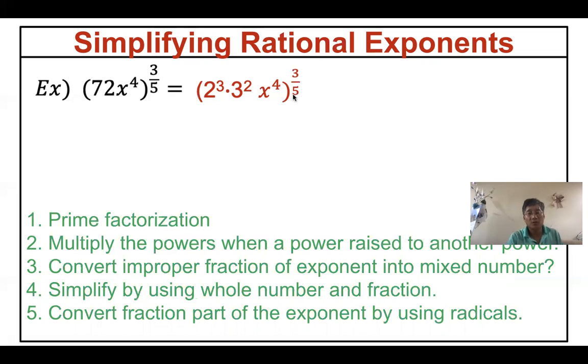And then what do you do? You multiply the power to every single thing in the parentheses. You multiply the power to the other powers, all right? Powers in here. Do not multiply 3 over 5 to the number 2 here. You multiply this to the power of each term.